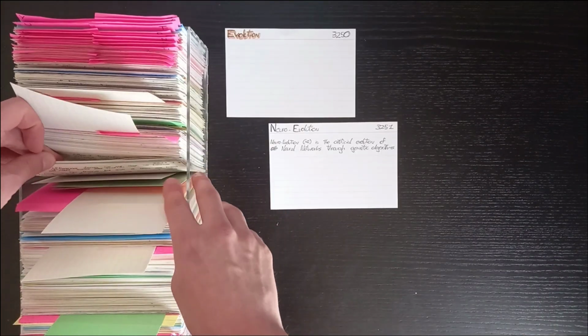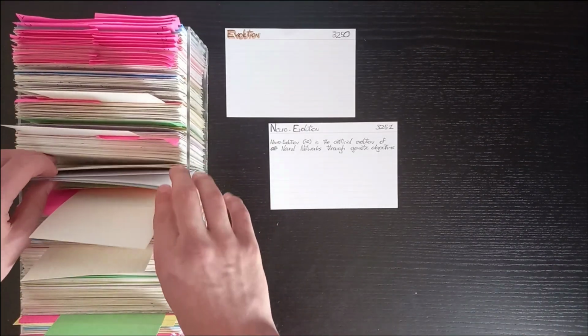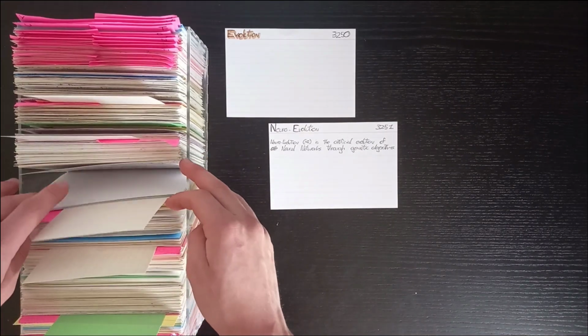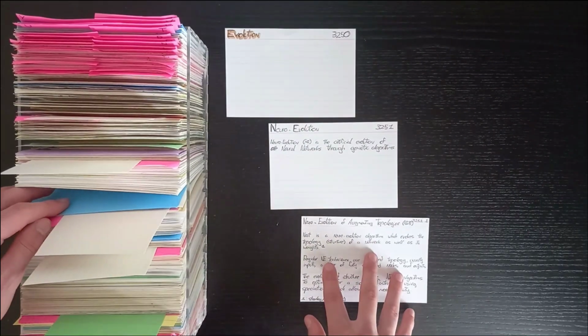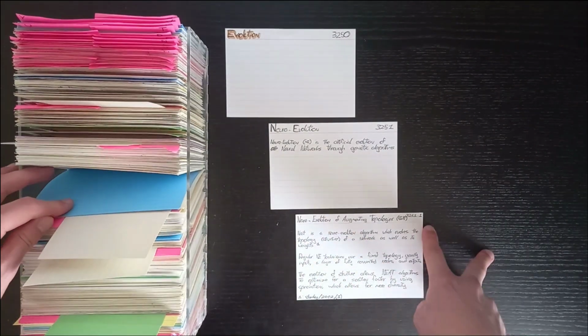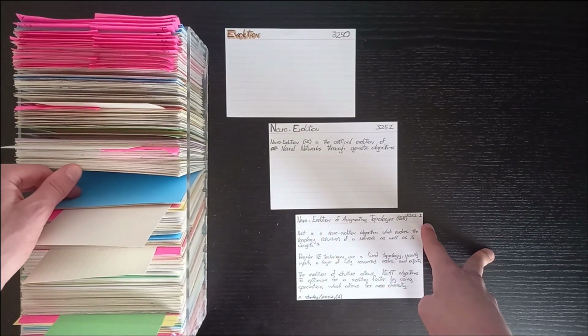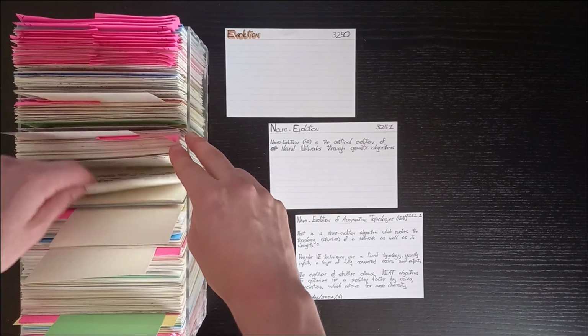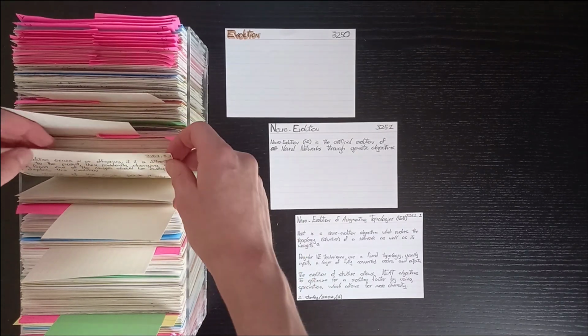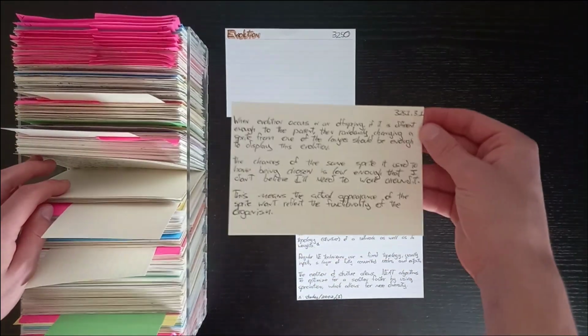3251 originally was for something about the NEAT algorithm, Neuroevolution of Augmenting Topologies. So I made a card at 3251.1. This goes on for a little bit until 3251.2 or 3251.3.1.